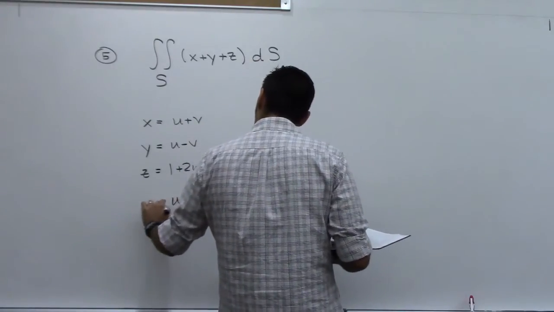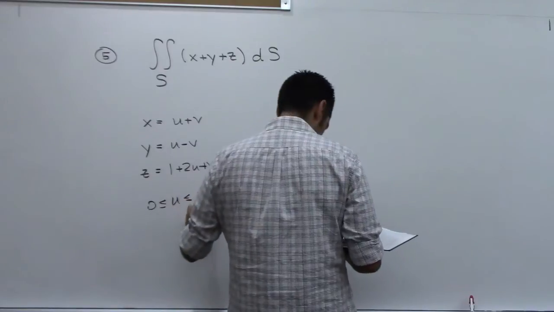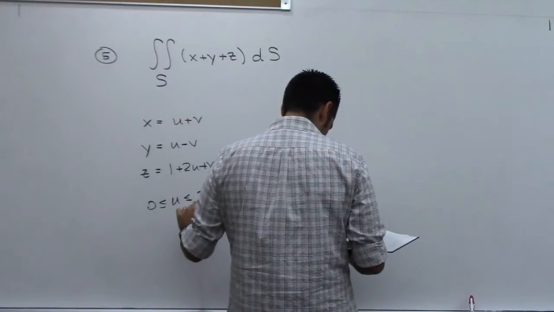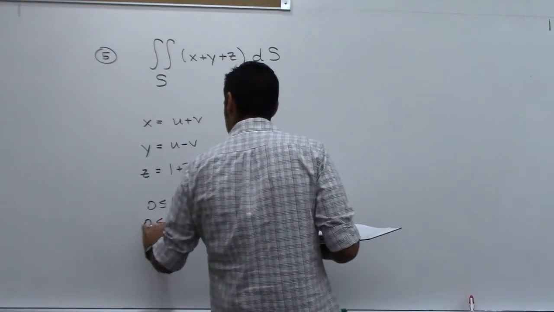U is between 0 and 2. V is between 0 and 1.